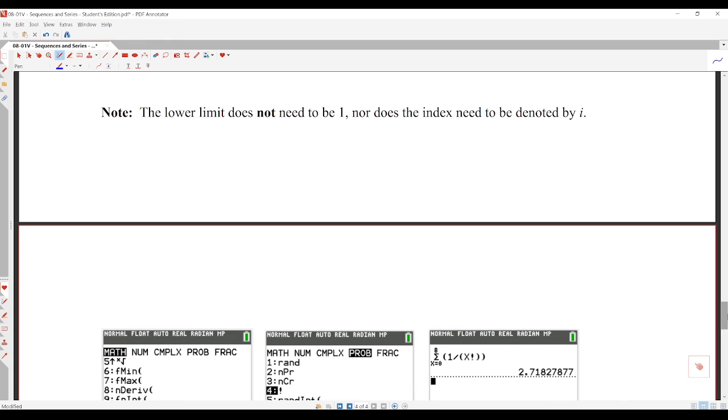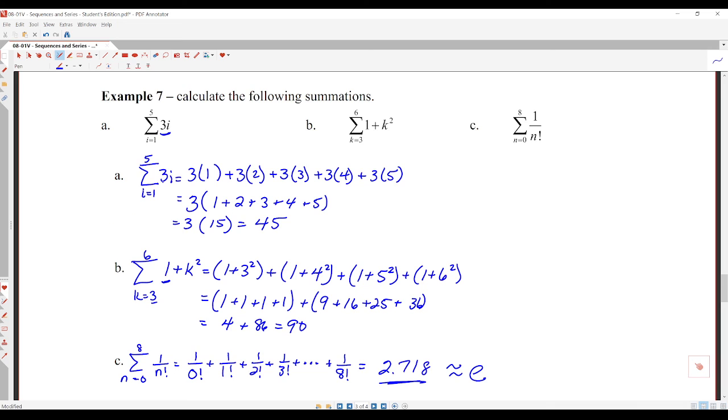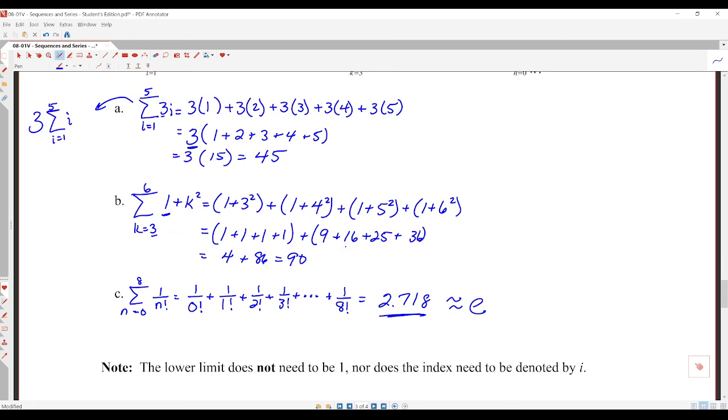And we even saw that up here in example 1a, where that 3 kind of gets pulled out, and then we just add up those previous terms. So I could have written this as 3 times the summation from i equals 1 to 5 of i. And that's why I pulled that 3 out earlier.